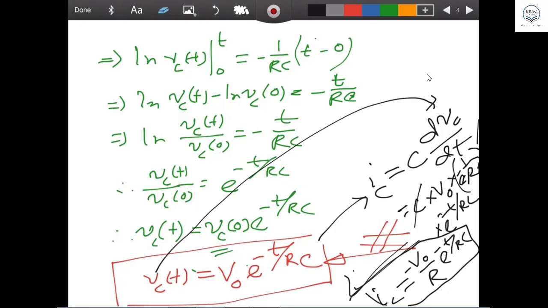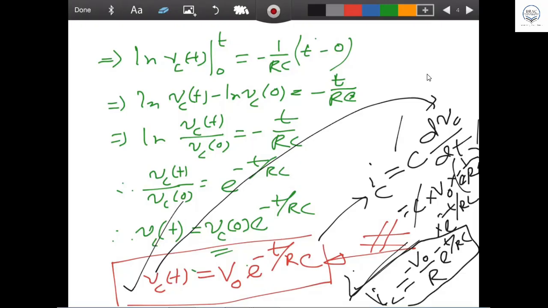So whenever you are asked to find the VC and IC, you first find the VC, and then from the VC you have to find the IC. Like in the inductor case, you have done the RL case. You first find IL, and from the IL, you found the VL by using VL equal to L di by dt. In the same way, in the RC circuit, you find the VC and draw the graph, and from there you find the IC.